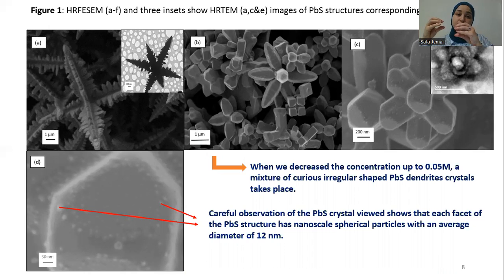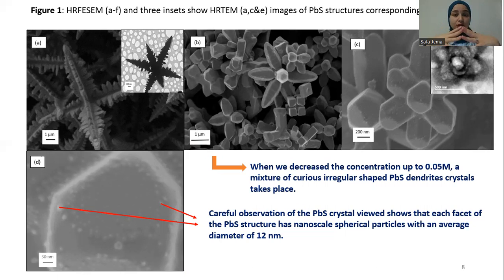Each arm is composed of nanorods, which are parallel to each other. It's the result of decreasing the concentration of precursors from 0.5 molar to 0.1 molar.